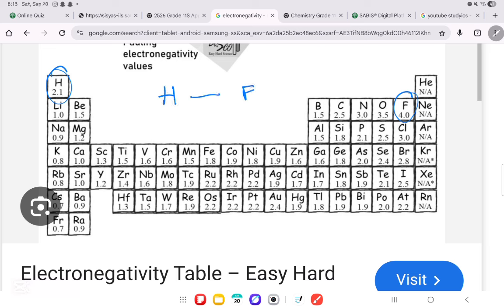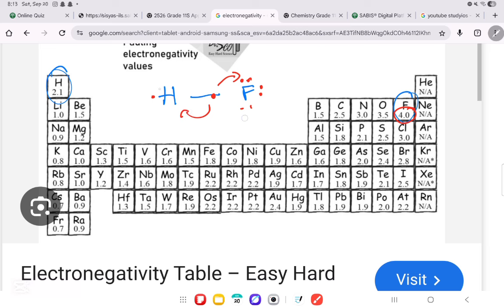But this electron is not exactly in the middle. This electron goes more towards fluorine. Why? Because fluorine has a higher electronegativity, because it has a higher nuclear charge, first of all. So it has a higher tendency of bringing the electron closer to itself. And hydrogen only has one electron, so it's very hard for it to bring the electron to the other side.